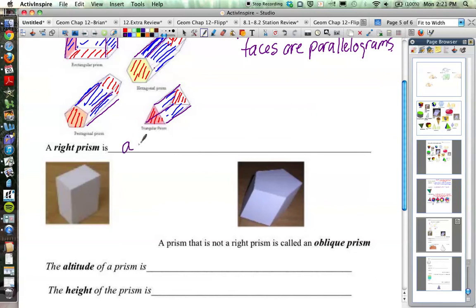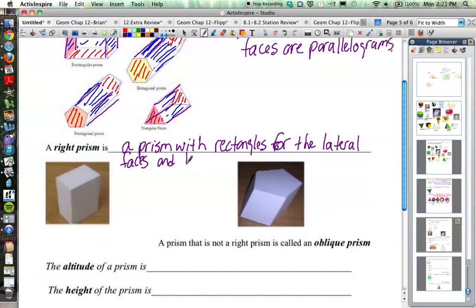Okay, so a prism with rectangles for the lateral faces and lateral edges are perpendicular to the base.